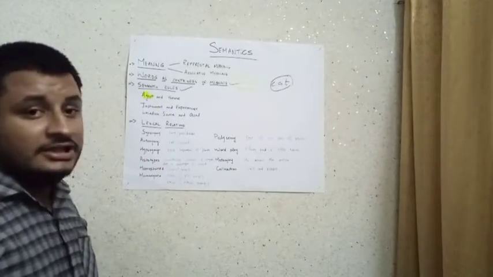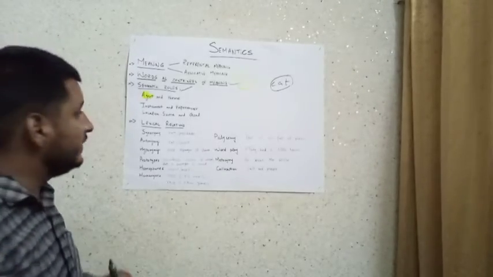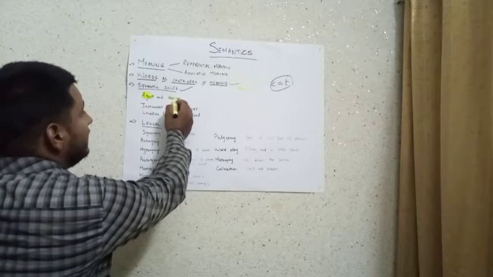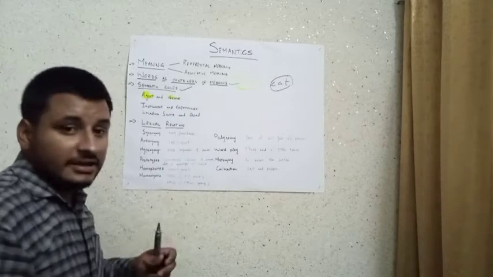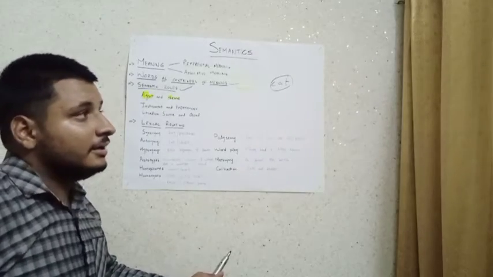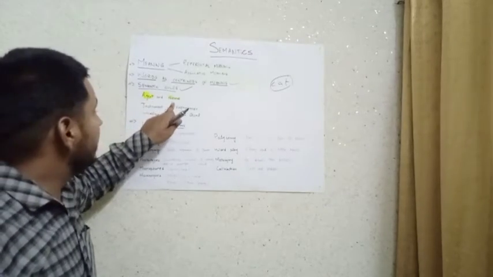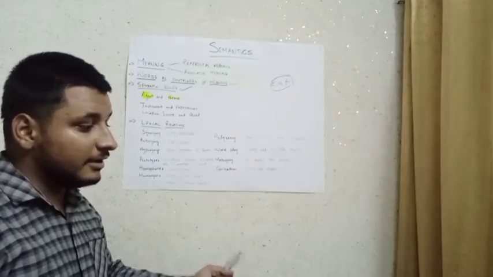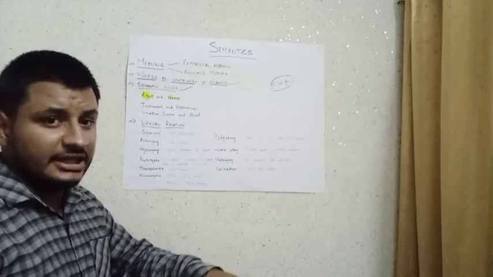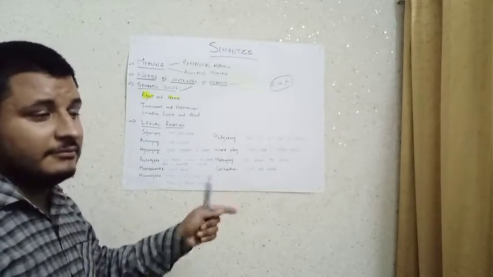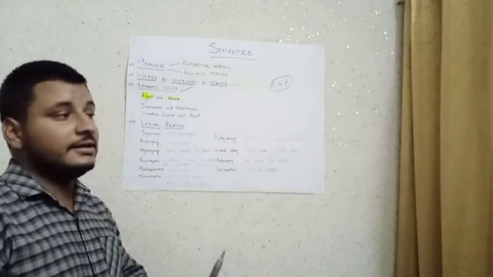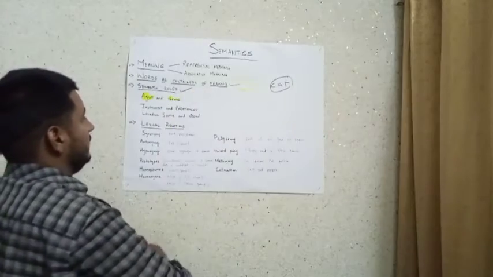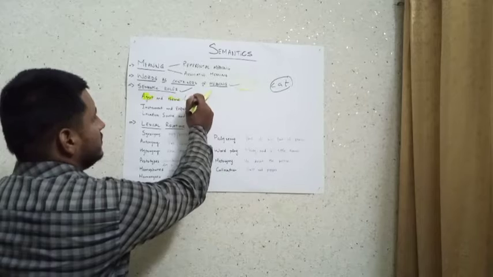Theme is again a noun in a sentence grammatically, but theme shows the action performed by the agent, or the thing on which the verb is taking place. In the same sentence, Ali wrote a letter, the theme is a letter.